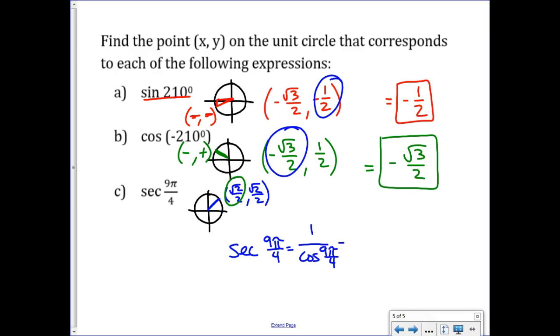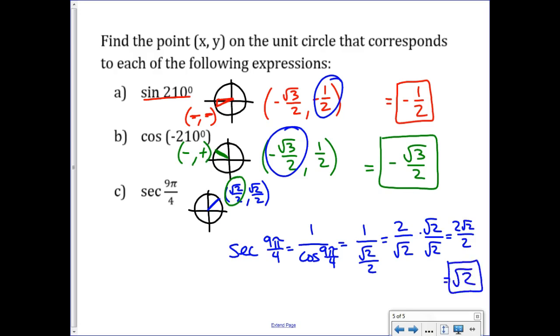So I have 1 over radical 2 over 2, which is 2 over radical 2. And I have to get rid of that radical, so multiply by radical 2 over radical 2. Multiply those and I get 2 radical 2 over 2, which happens to just be radical 2, is my answer.